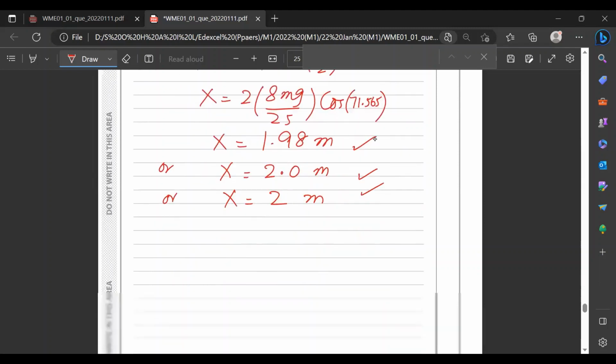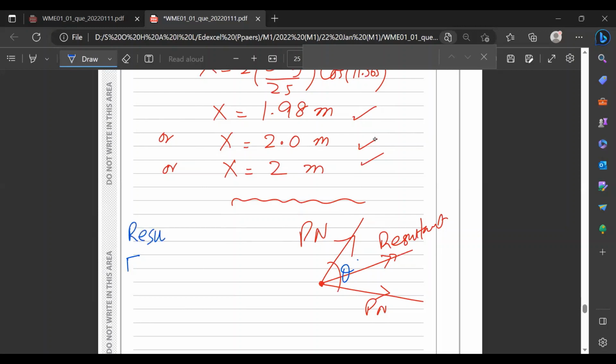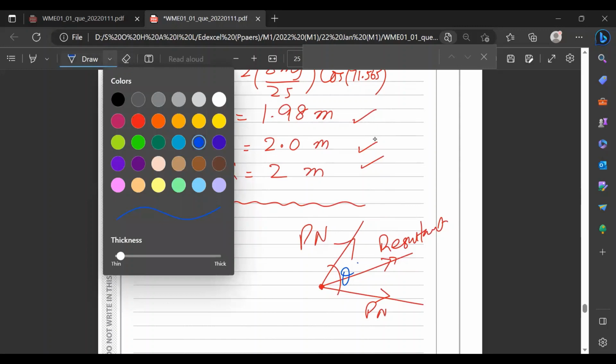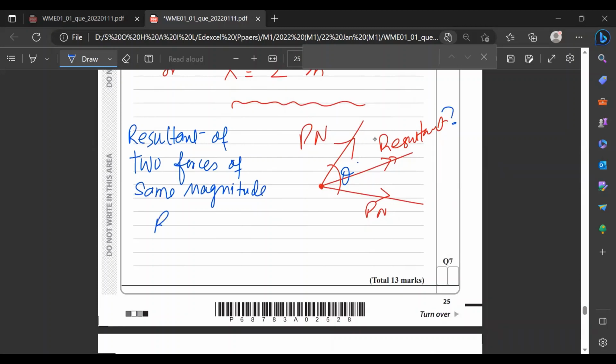For the last part, I can give you further detail: whenever there are two forces of the same magnitude, say P newtons and P newtons, acting at a point, the formula for finding the resultant, if the angle between them is theta, is 2P cos of theta over 2.